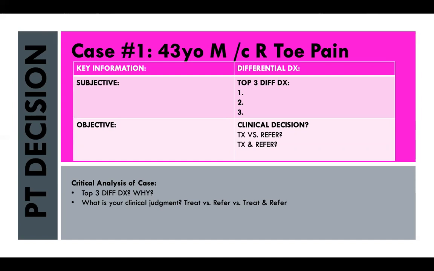And then his mechanism, even though there's a possibility of a jam or a sprain, some trauma to that area, we're not necessarily sure that that actually happened because of the alcohol use and the poor memory. And he does have these predisposing things, or these factors that make us pretty highly suspect gout.